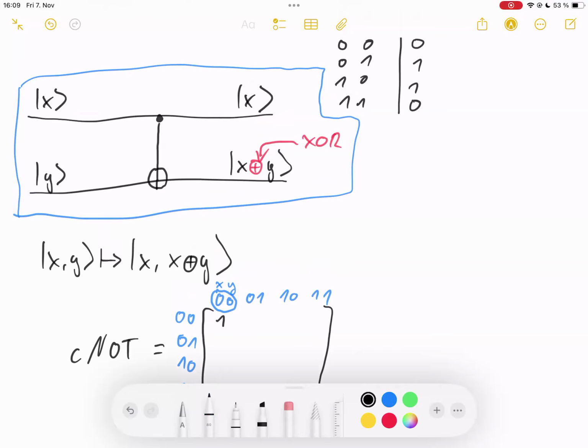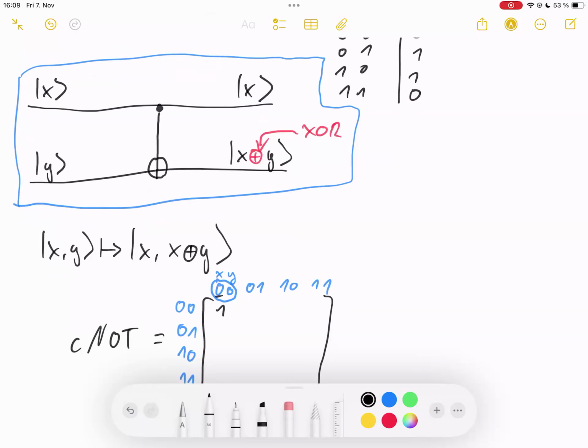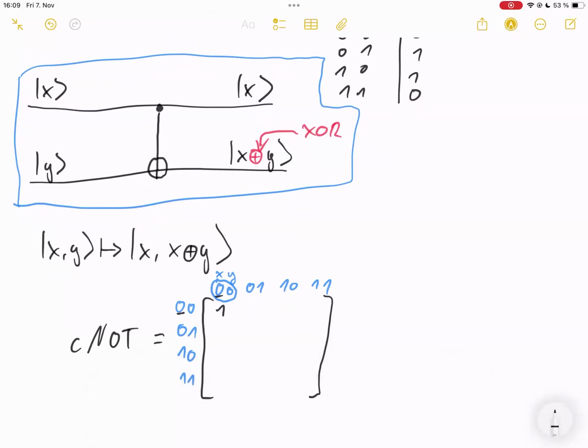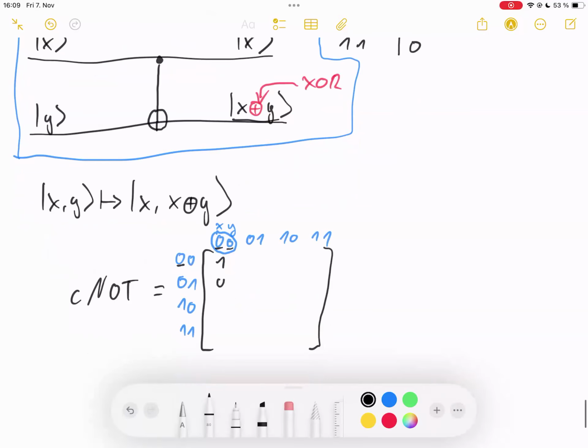So we put a 1 in here because this 0 doesn't change, so it gets mapped to here. And the Y is the other output. It's a 0, but 0 XOR 0 is just 0. So 00 gets mapped to 00, and doesn't get mapped to anything else. So in this column the remainder is 0. Now let's think about the next example.